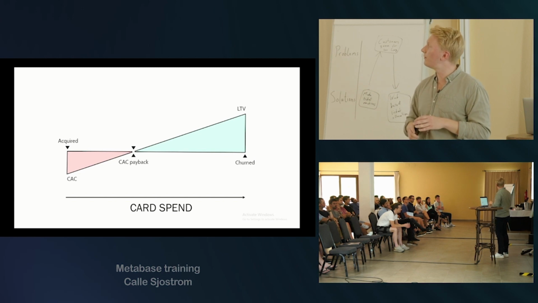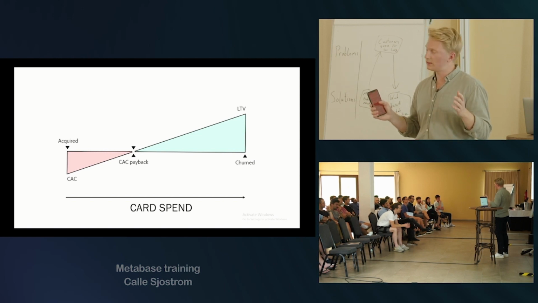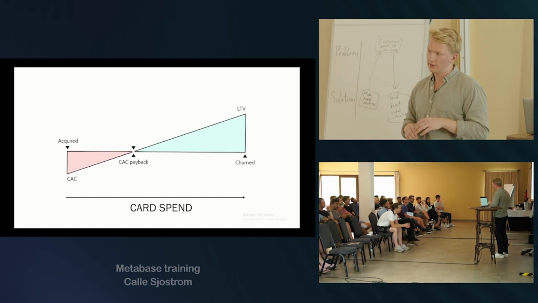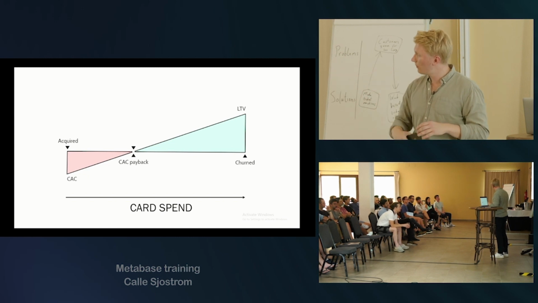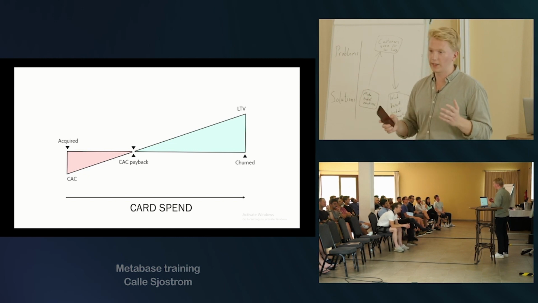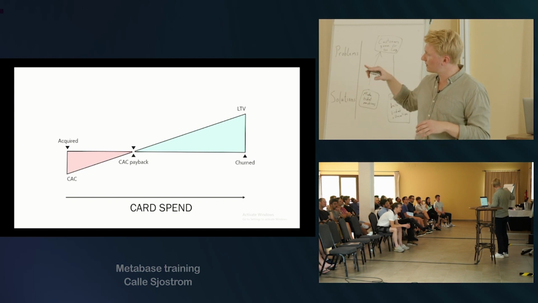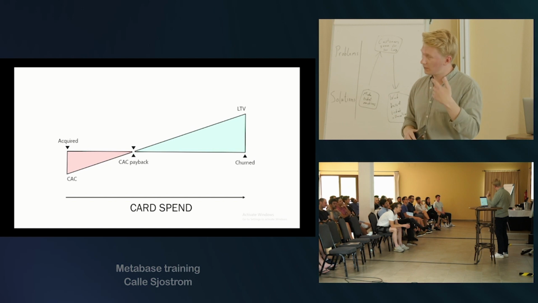So if, for example, Matthias, Linus, and Max go out and pay 500 euros for Facebook ads, and one customer signs up and becomes an active customer, the cost of acquiring that customer is 500 euros. But now we've made an investment and we're in the hole, so we haven't made any money yet. We need to activate the customer to start using their card, and as the customer uses their card over time, we recoup that investment.